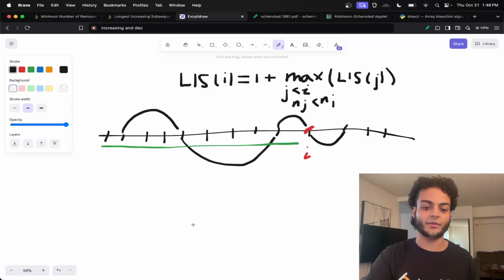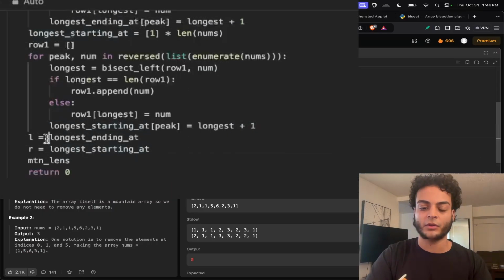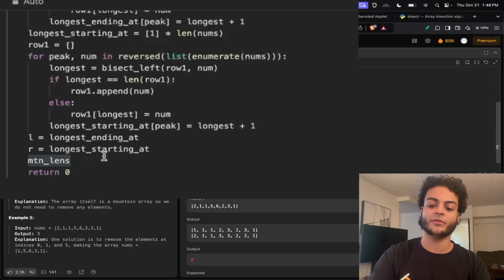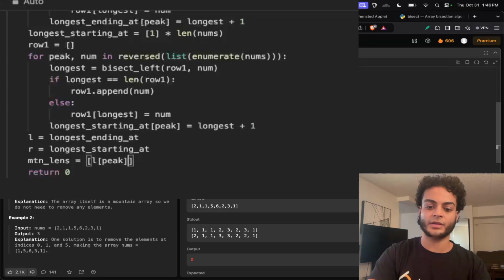If I were to draw it, it's like we have our longest increasing subsequence at a position right here, longest decreasing. This is our left side, this is our right side. For our mountain lengths, we're going to add the left of a peak plus the right of a peak.